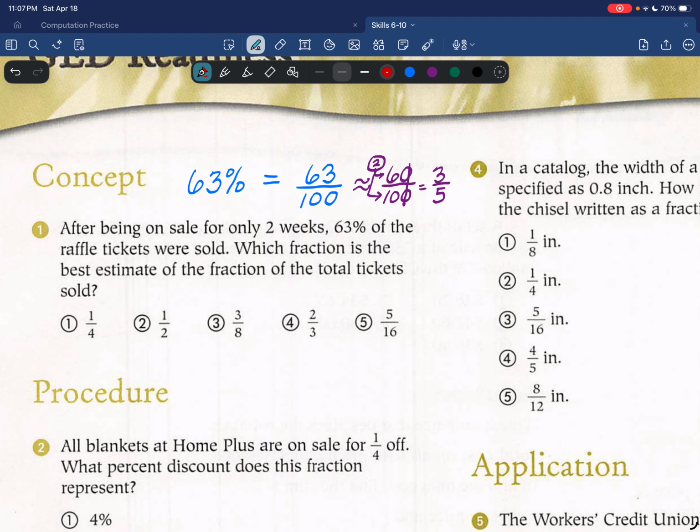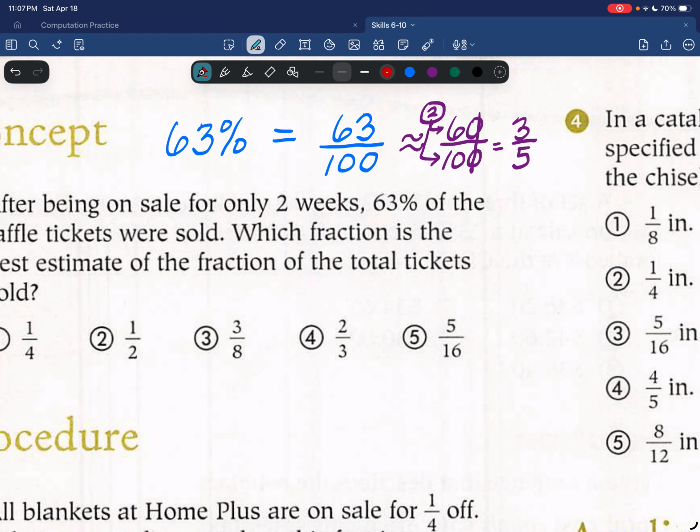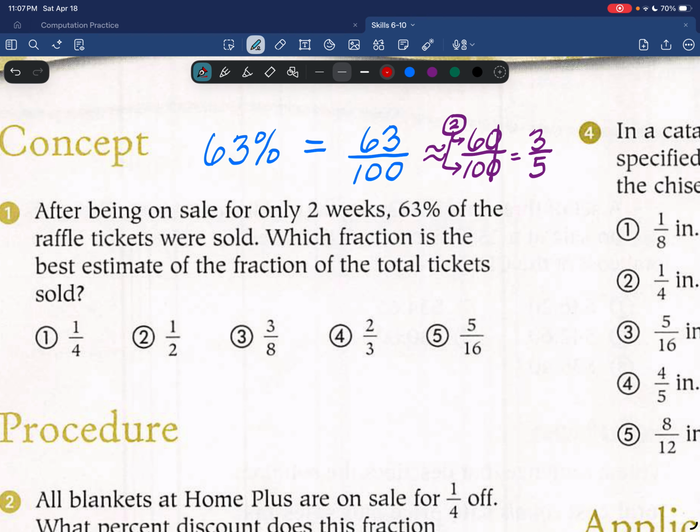Ah, that's interesting. Okay, the purple way is what I would have done, but here's what they want us to do. They want us to compare these to 1/2. We know that 63% is more than 1/2.